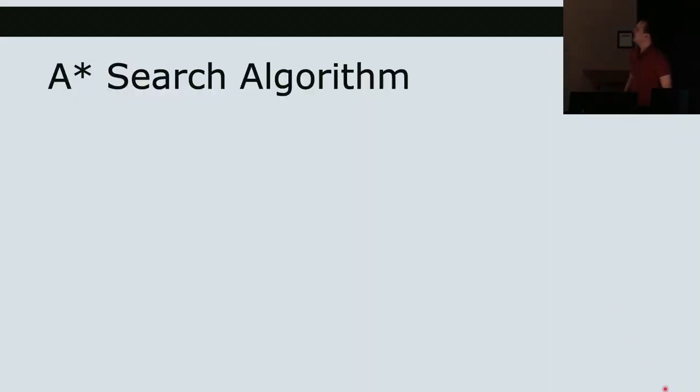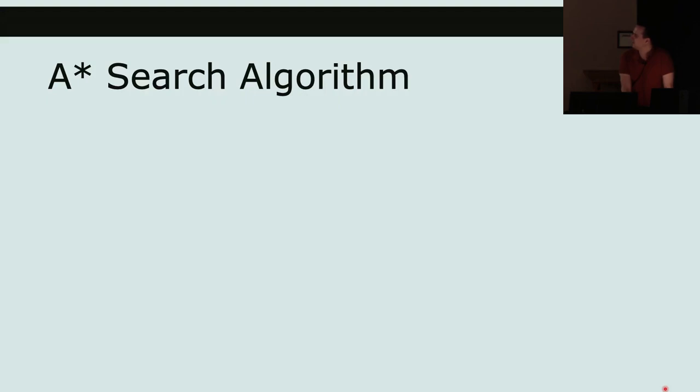Now we're going to introduce the A-star search algorithm. I could have introduced it in the second lecture of class and just given you the algorithm, and you would have memorized it and regurgitated it, just like I did when I took the AI class many years ago.